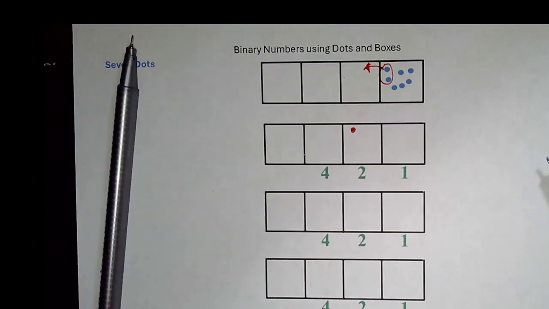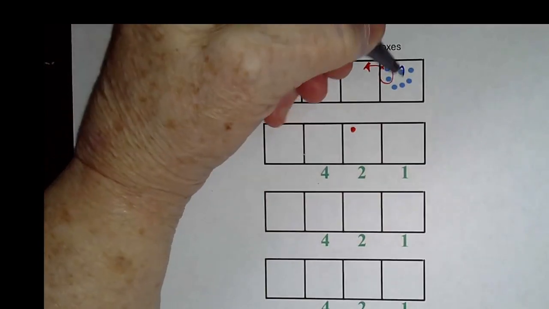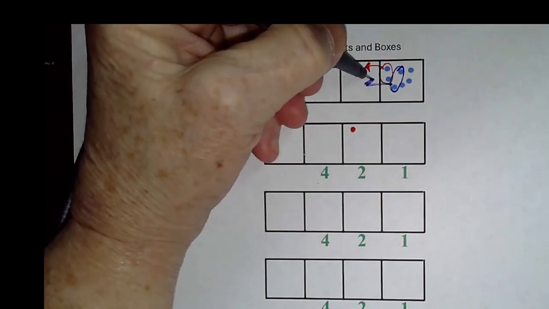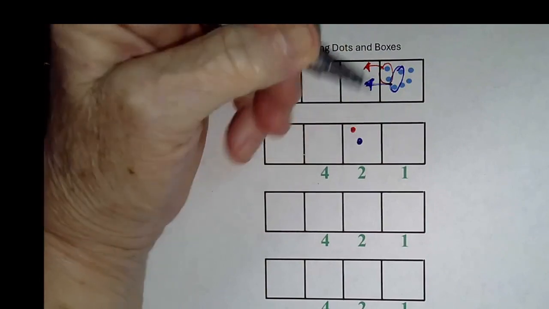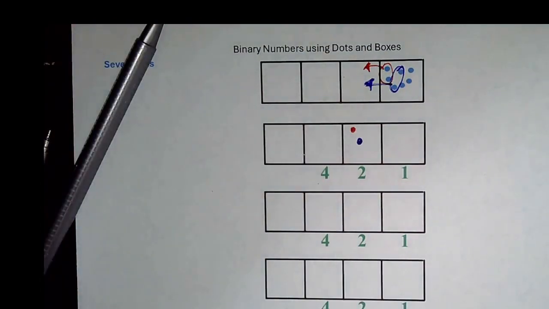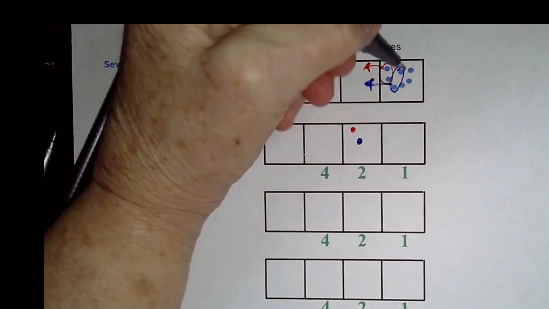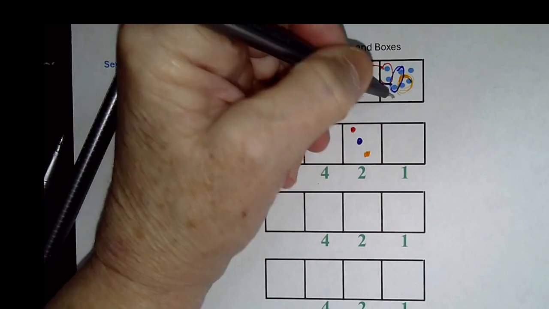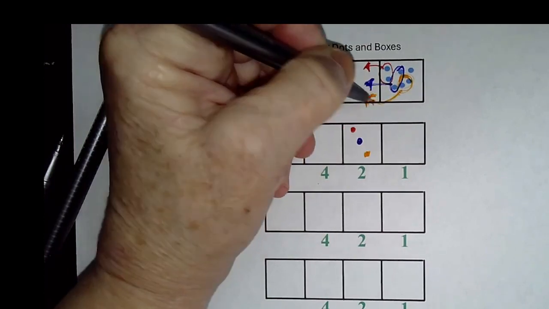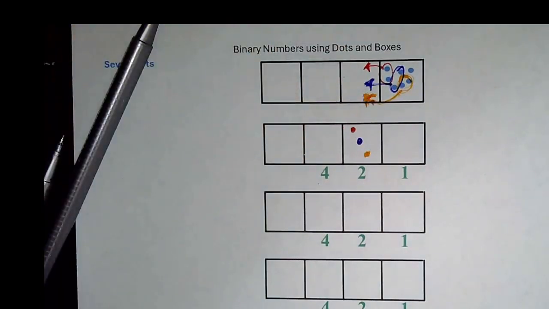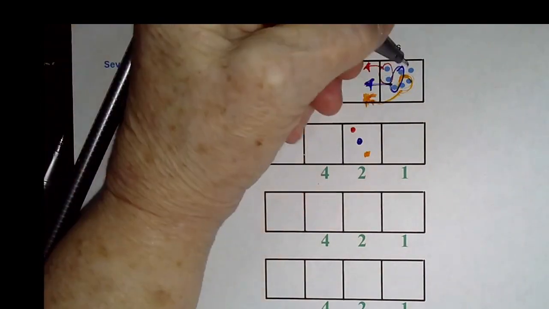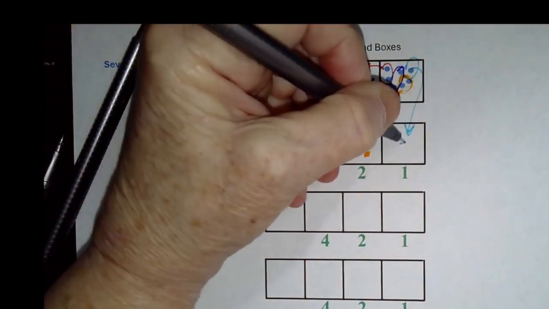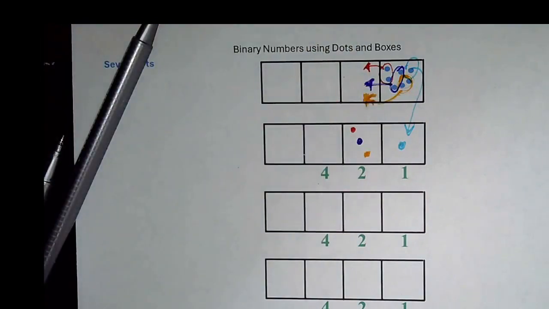And then the next group, let's call blue. And the next group, let's call orange. And we still have 1 dot left over in the ones place.